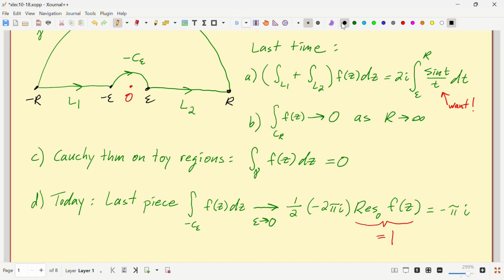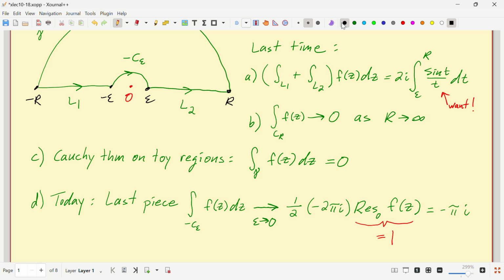Let's see what it tends to. As epsilon goes to 0, notice that that's half of a circle. If it went all the way around that circle, since it's clockwise, it would be the clockwise residue theorem: minus 2 pi i times the residue of f, which turns out to be 1. I'll show that in a second.